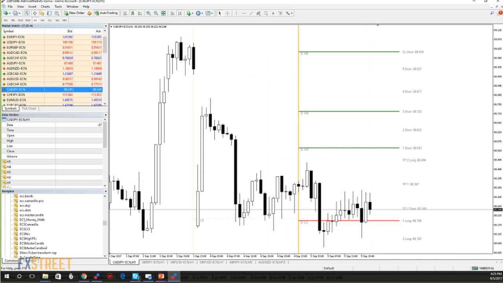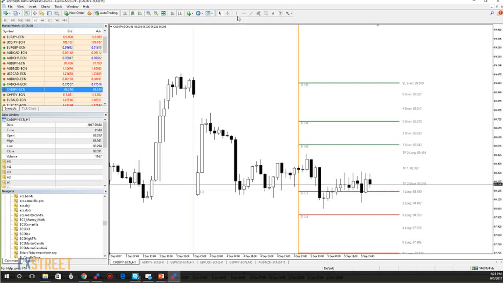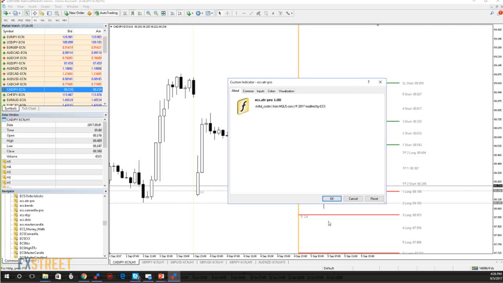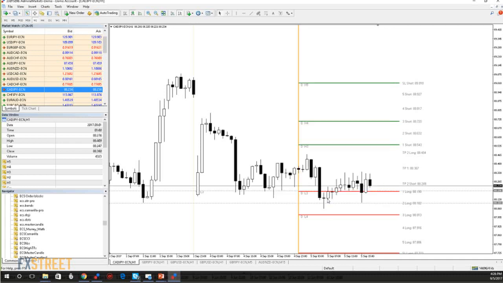Let's see CAD yen. Yeah, for this CAD yen, a long trade has been reached. So, for example, here you had your first long, then you had your second long initiated, and you would have been in profit, you see? It's always a good thing that you follow this ATR.